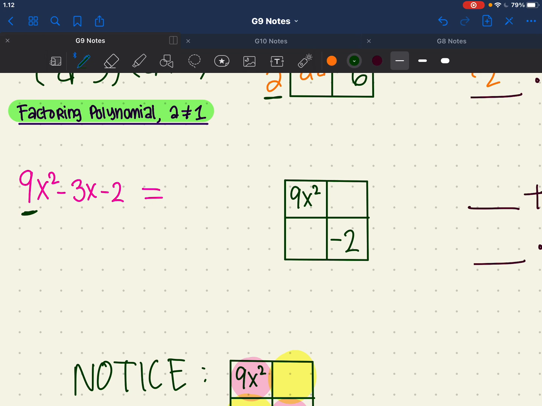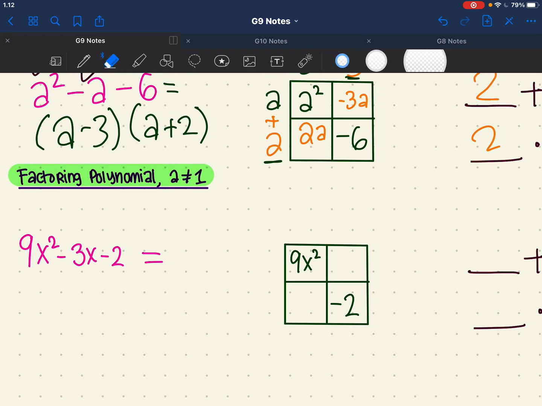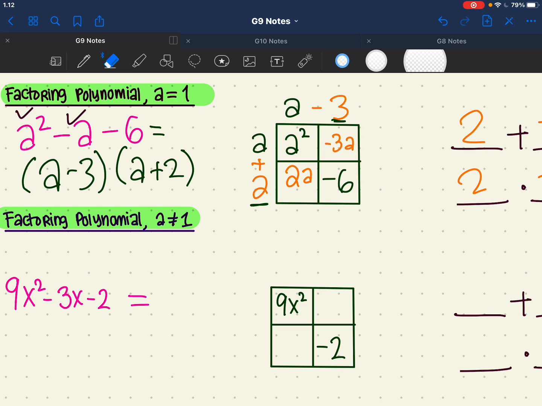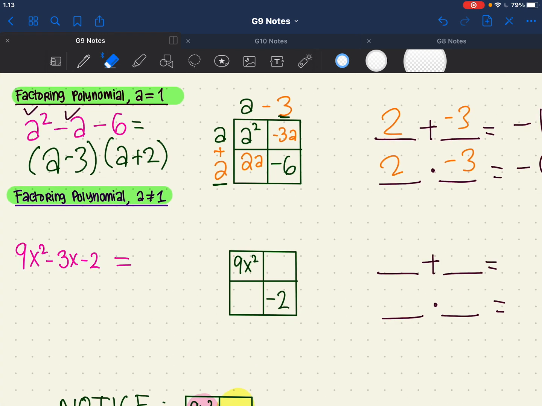What do we do? So as you guys may have gathered from Desmos, we do the same thing like factoring polynomial before, with the box method. So again, I'm also going to fill out this box here with 9x squared on the top left, and then the -2 on the bottom right.